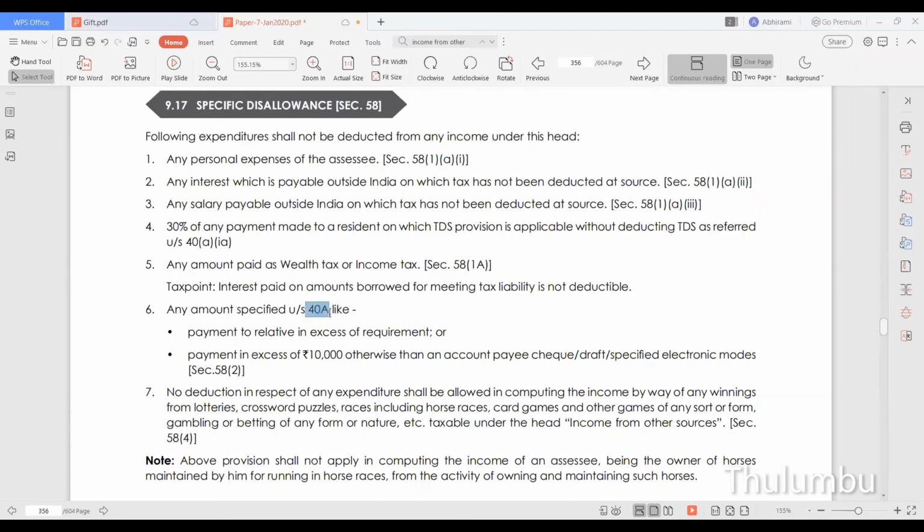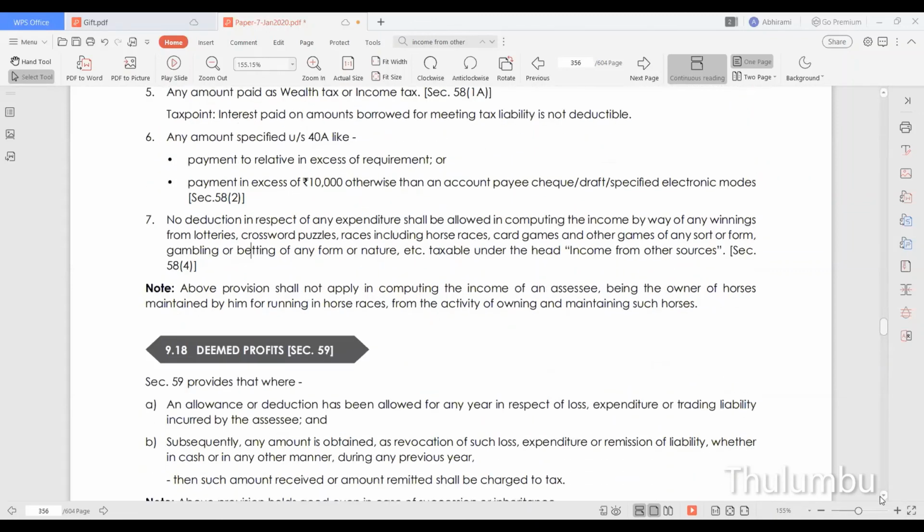Any amount specified under section 40A, which also comes in the PGDP chapter. Section 40A says you cannot pay in cash above 10,000. If you pay in cash, you cannot claim it as a deduction. Similarly, for crossword puzzles, in casual income, you cannot claim any deduction.